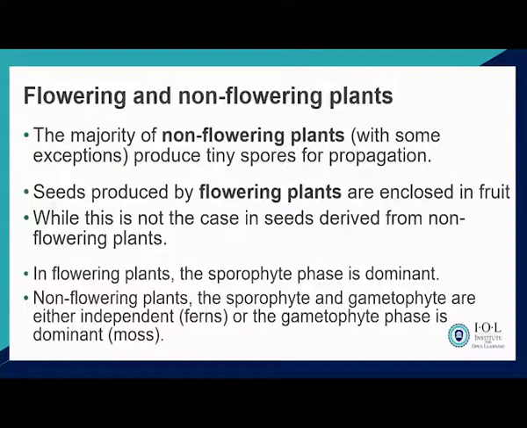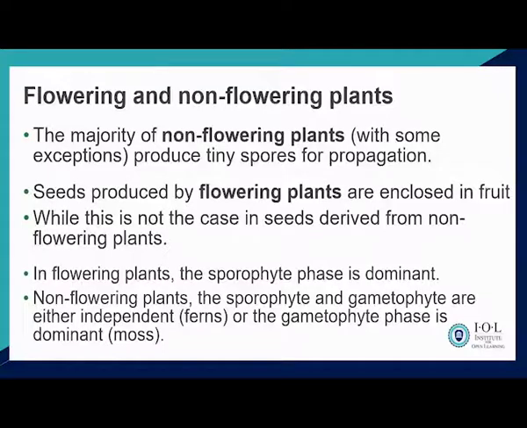Seeds produced by flowering plants are enclosed in fruits, which is not the case with seeds derived from non-flowering plants. As you can see, flowering plants produce fruits, and that's where you find the seed, but that is not the case with non-flowering plants.